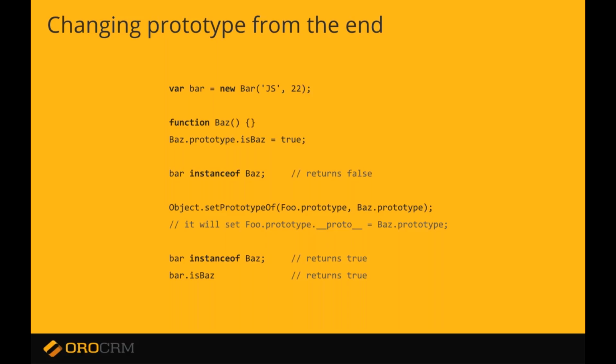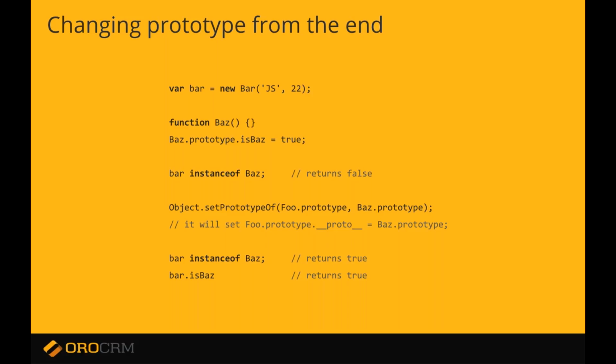We can call Object.setPrototypeOf with foo prototype and bus prototype. That means that we change the inheritance of foo prototype, and now it will be inherited from bus prototype, not from object prototype. And bus prototype will, in its own turn, inherit from object prototype.